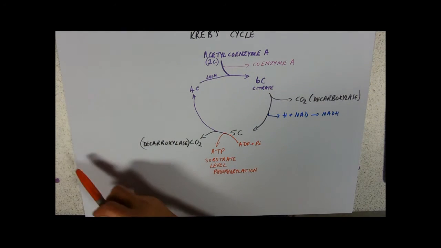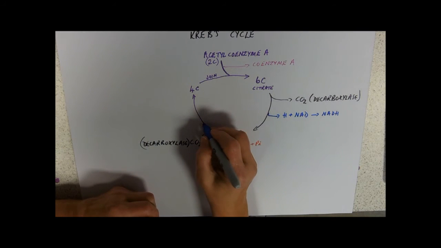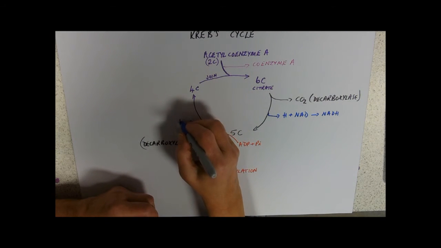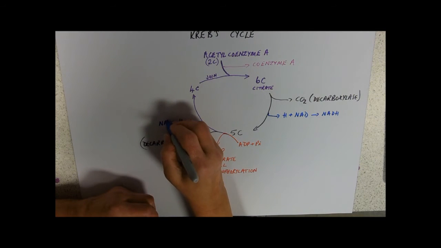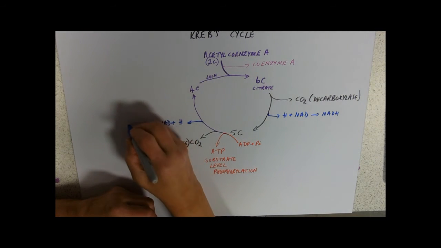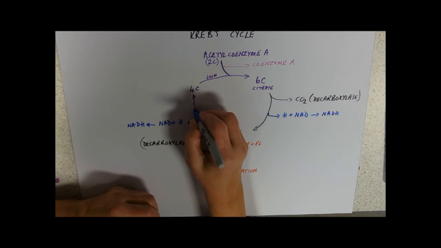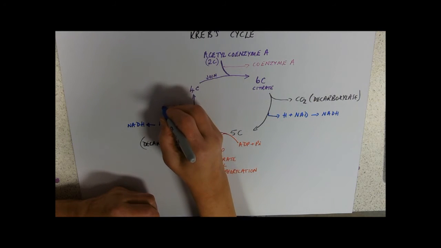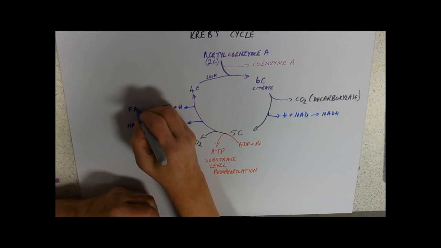And again, this 5-carbon intermediate is going to be dehydrogenated. Remove a hydrogen, pass it to NAD, make NADH, and we're also going to take off yet another hydrogen, and this time we're going to pass it to FAD, that different coenzyme, and that'll make FADH.